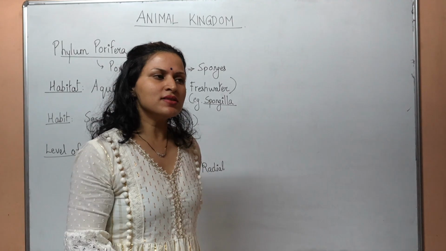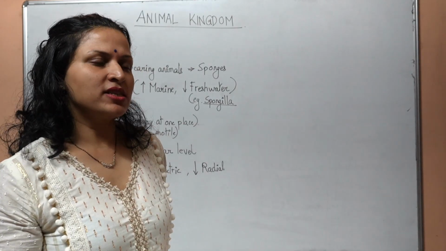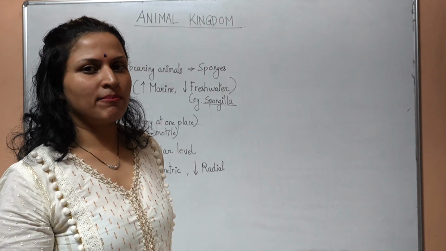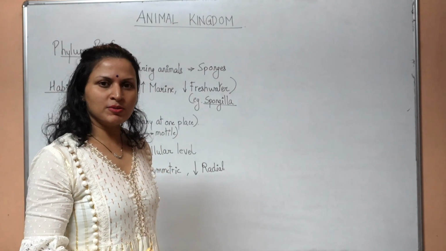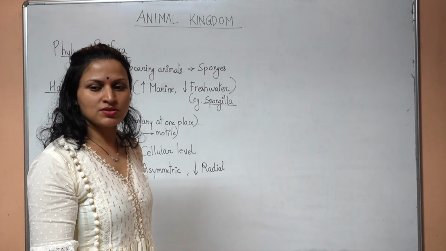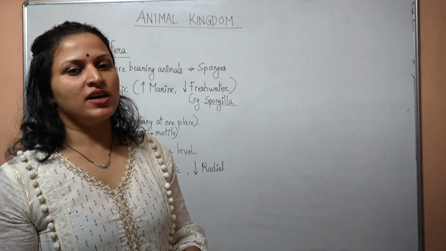However, because they do not have a tissue level organization, some textbooks may say that the term diploblastic is not applicable for poriferans. The term diploblastic can be applied for Cnidaria onwards. In NCERT, for diploblastic organization, coelenterates has been mentioned.